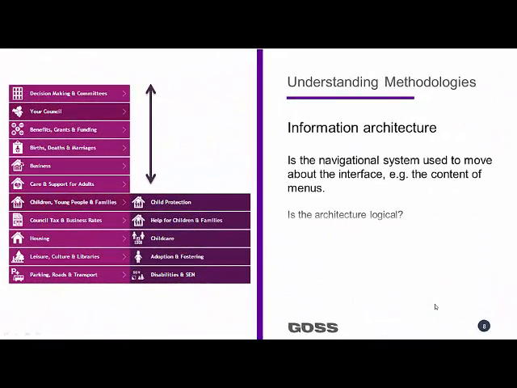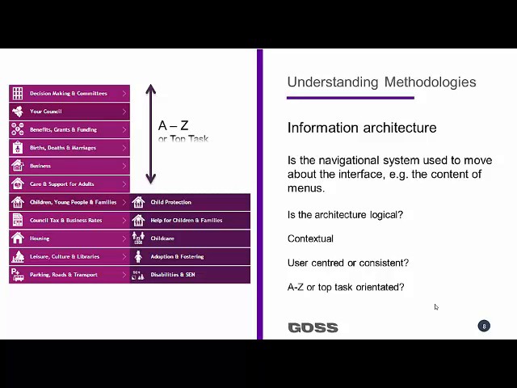In addition to usability and user interface design and user experience, there's also information architecture. This is the navigational system used to move about the interface. The things that we would ask ourselves is, is the architecture logical? Is it contextual? Is it user-centered or consistent?